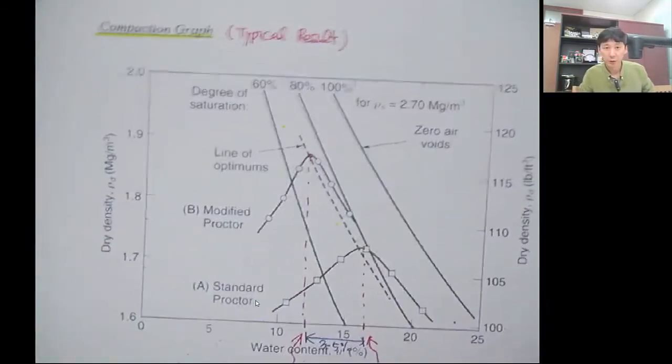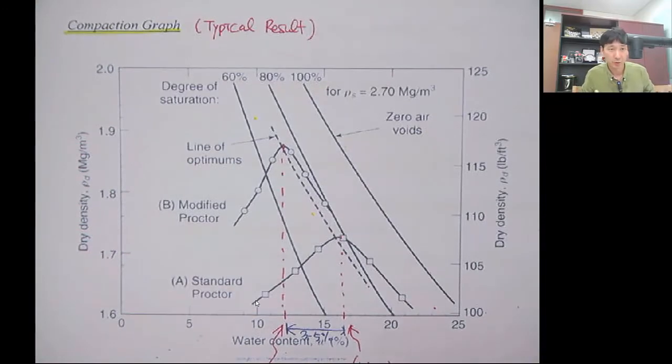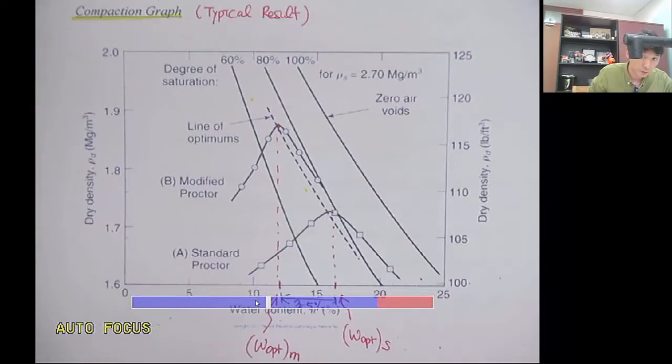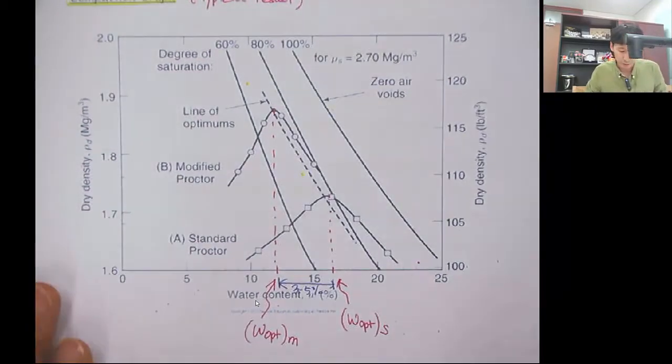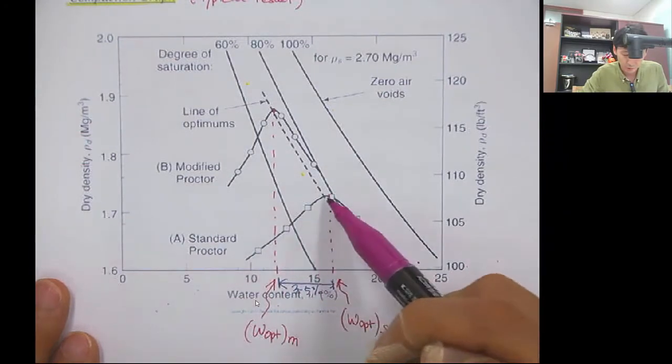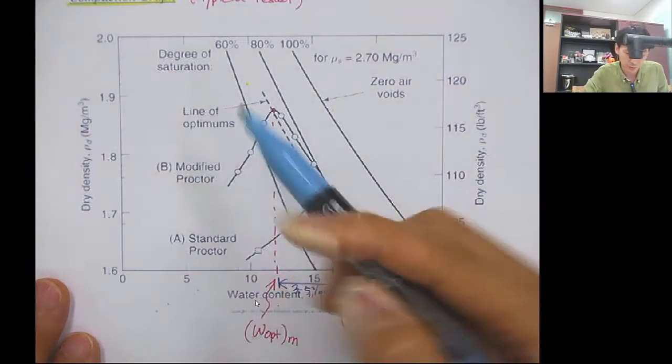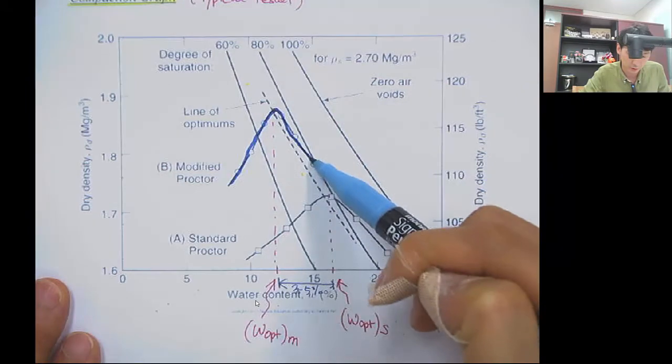So if I show you the representative or typical result of the compaction, this will be the graph to refer to. For the standard Proctor test, you have one curve, and from the modified Proctor test, you have another curve like this, right?